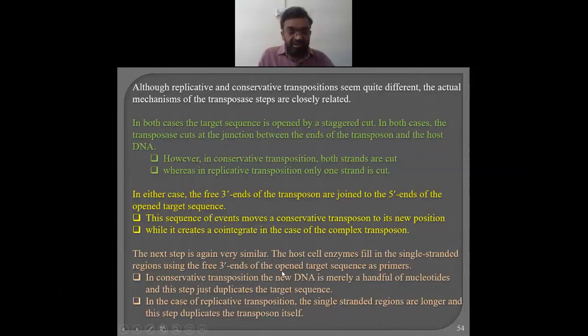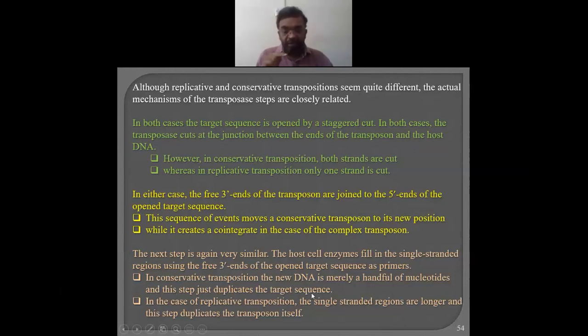The third step is also the same: the host cell enzyme fills the single-stranded region at the free 3 prime end. In both cases, gaps are created, and the gaps are filled in the first case as well as in the second. In conservative transposition, the new DNA is merely a handful of nucleotides, so this step just duplicates the target site.